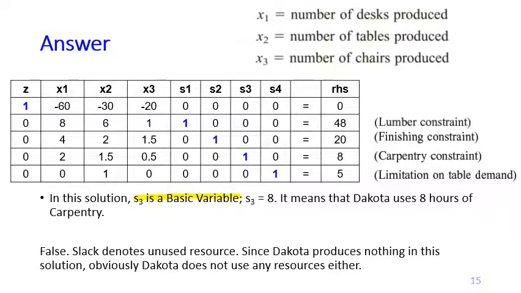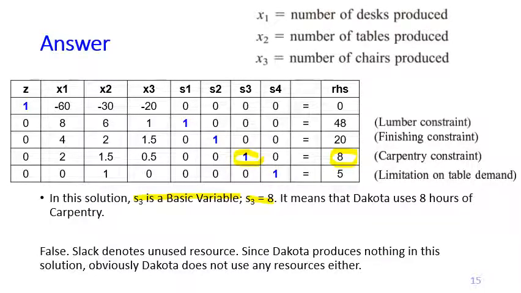Yes, it's true up to this point. S3 equals 8. Yes, it is true up to this point. But remember that a slack variable means the resource that is unused. So it means that in this solution we have 8 hours of carpentry that is not used.